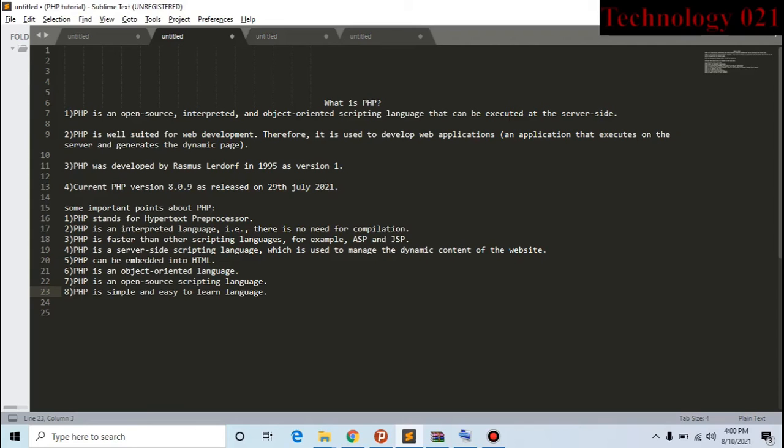Some important points about PHP are: PHP stands for Hypertext Preprocessor. PHP is an interpreted language, that is, there is no need for compilation. PHP is faster than other scripting languages, for example ASP and JSP.